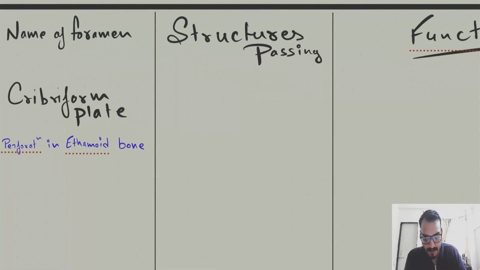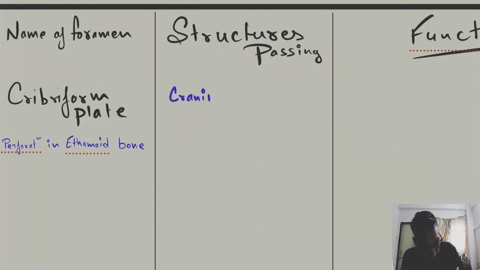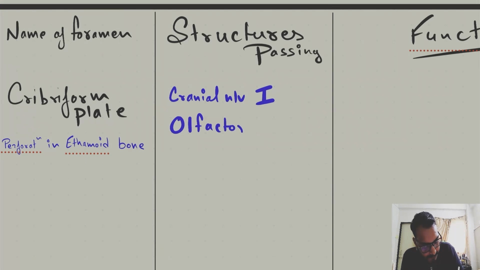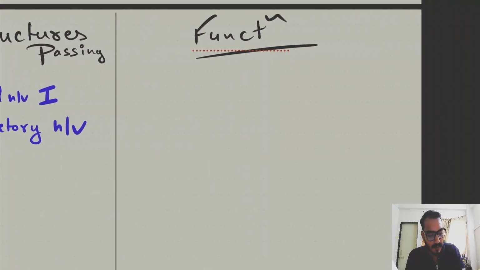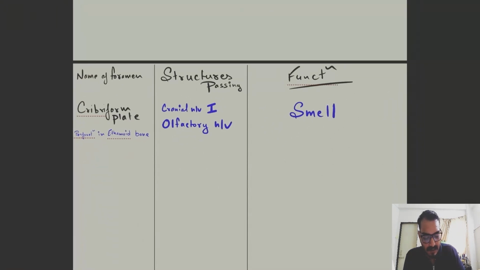The structure which is passing through it is cranial nerve number 1. What is the name of that? Olfactory nerve. What is the function of olfactory nerve? It is smell. Olfactory nerve helps in smell.